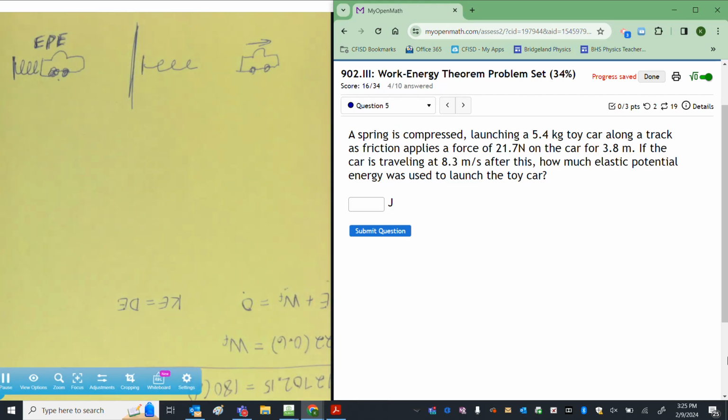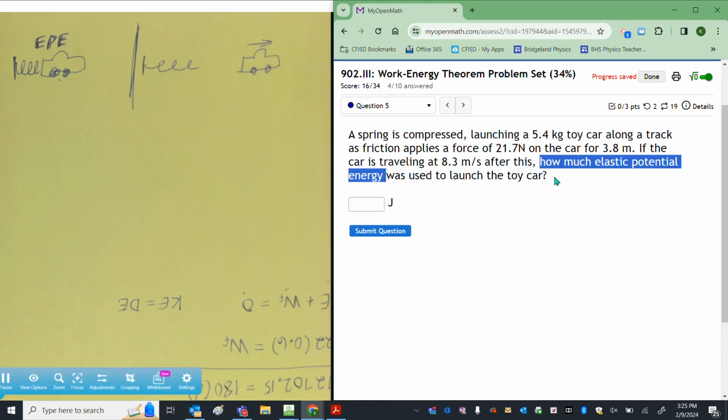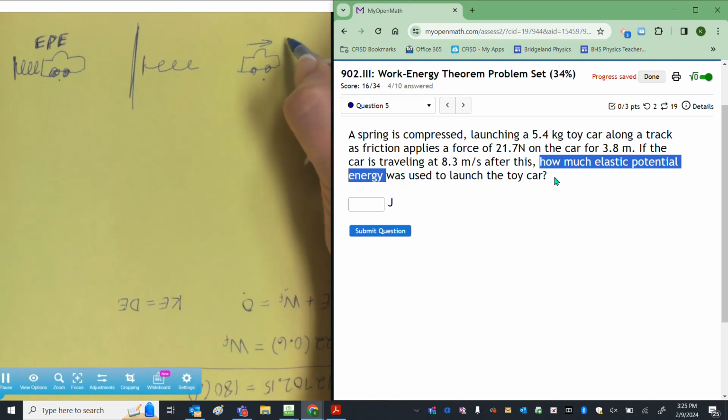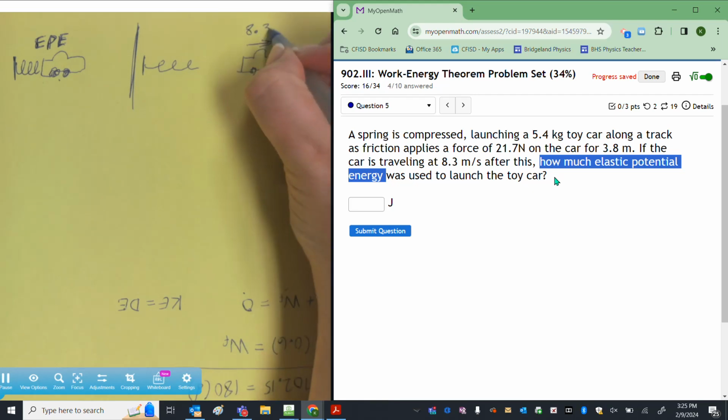But I have elastic potential energy, and I know I'm looking for that because it says how much elastic potential energy was used. And I know over here that I have a car that is moving at 8.3 meters per second, because it says so in the question.